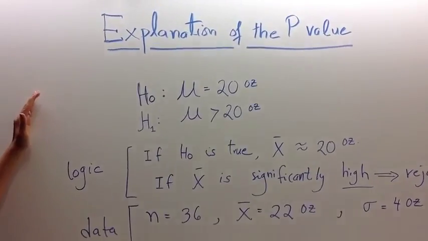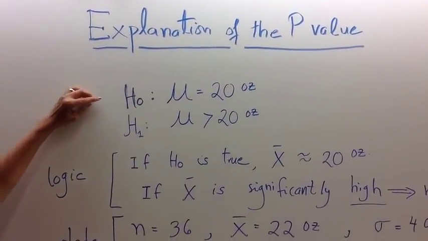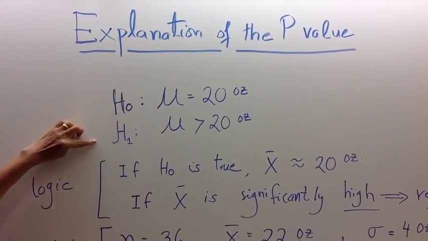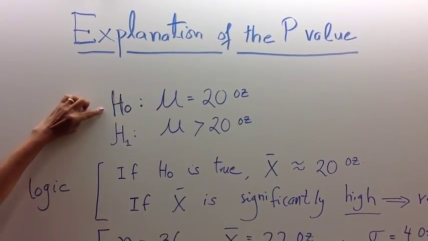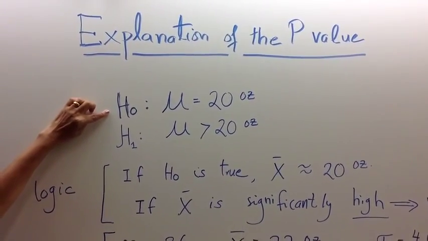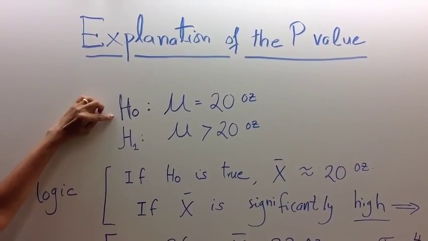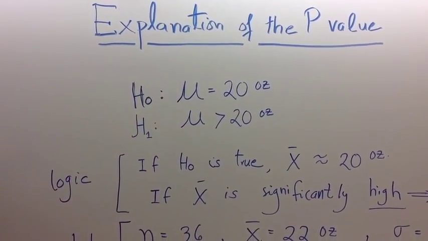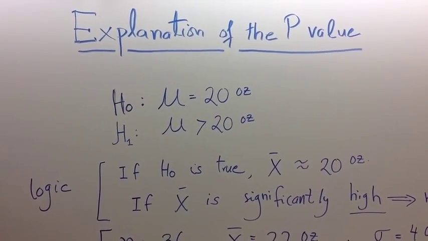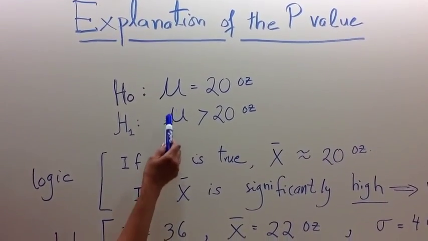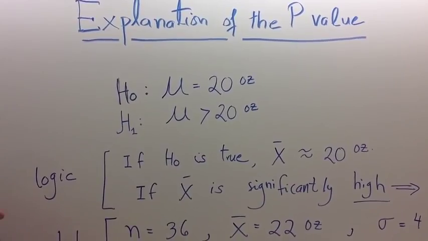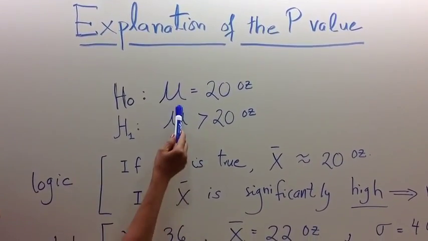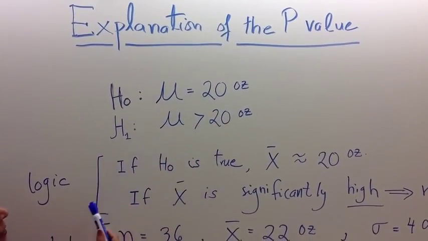In a hypothesis testing, a very simple example, we have two opposing statements. One statement is called the null hypothesis, and it is denoted by H0. This statement is generally about a population value being equal to something. So in this example, our null hypothesis is that the population mean, mu, is equal to 20 ounces.